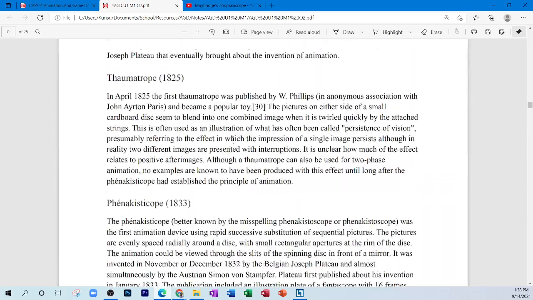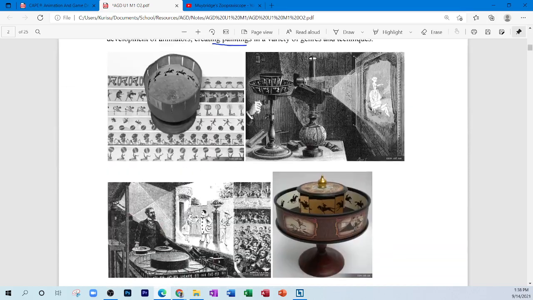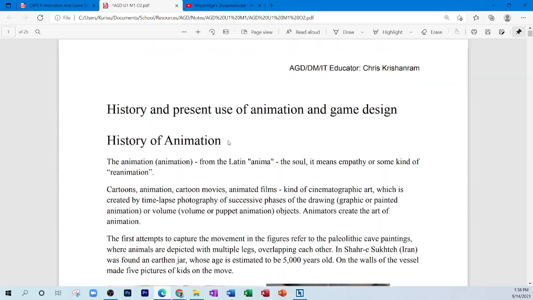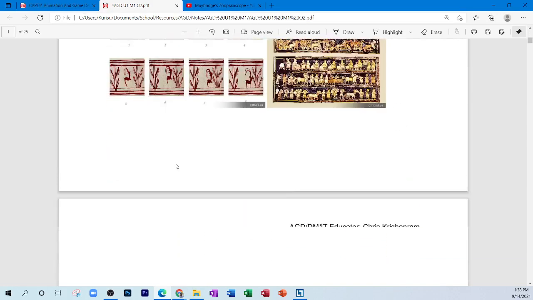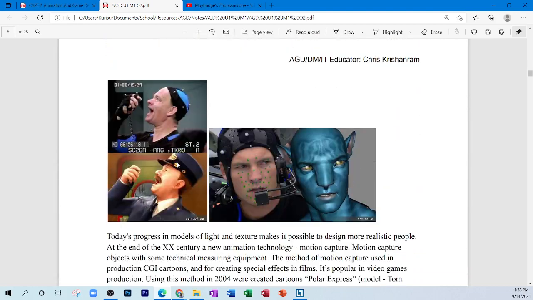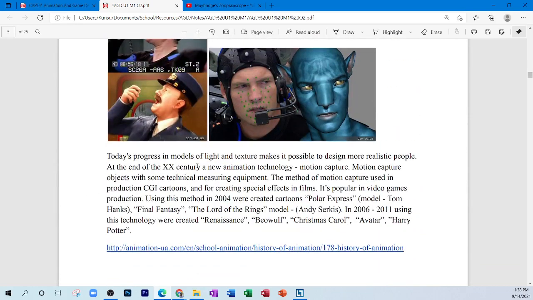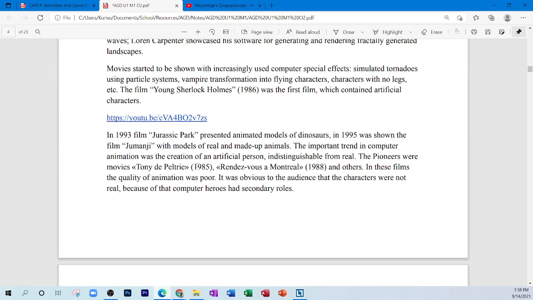So basically, in a nutshell, in a review of what we looked at today, we looked at the history of animation. And remember, when we're looking at the history, we got to look at what happened in the past, what we are doing today, and what is going to happen in the future. So we already looked at all of those techniques in the past, and then leading up to today, we were using computer graphics.